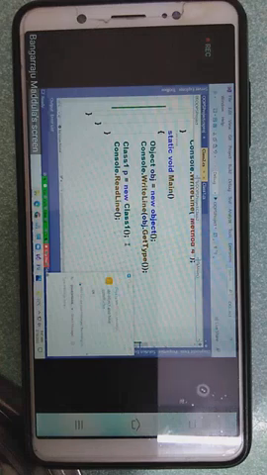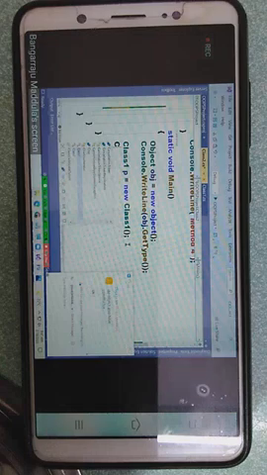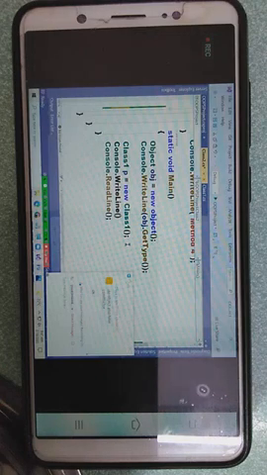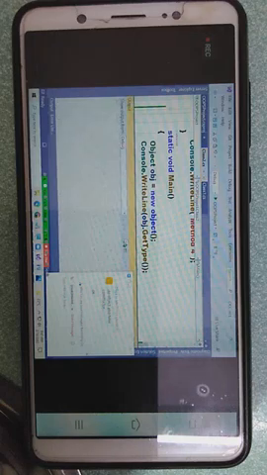Same way, I am now telling you, guys: Console.WriteLine p.GetType. P.GetType will tell you P is which type? Your Class1 type. Class1 is defined in which namespace? OOPs project namespace. OOPs project dot Class1.